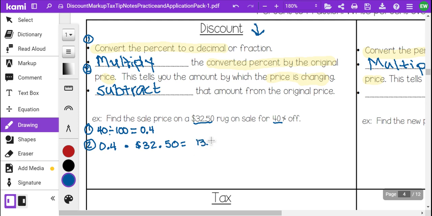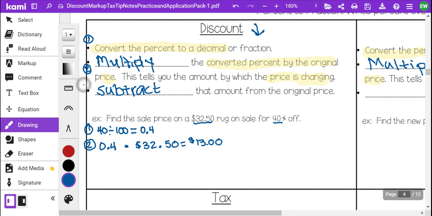But here's something really important. I saw this mistake over and over again. We're dealing with money, right? You need to carry that over, okay? That dollar sign needs to be continued throughout.